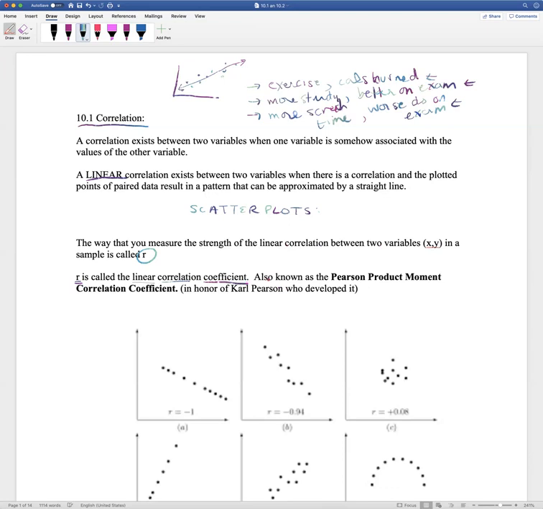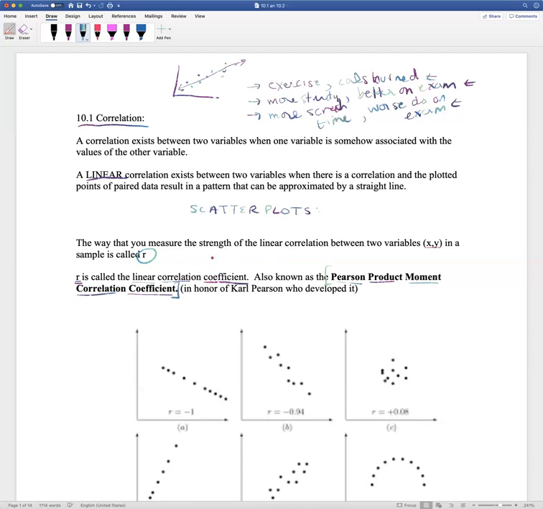And here's a mouthful: another name for R is the Pearson product moment correlation coefficient. One more time: Pearson product moment correlation coefficient, named after Karl Pearson, who came up with this idea on how to measure the strength of linear correlation.